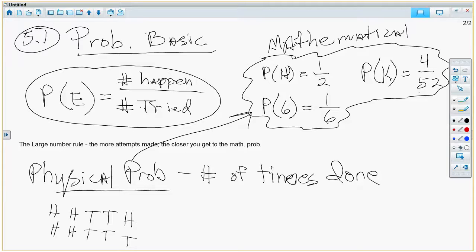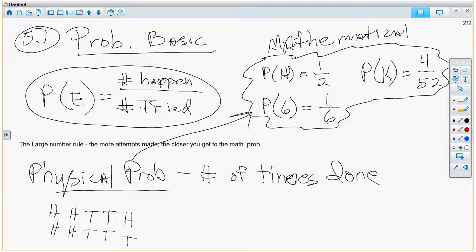That would be the physical probability. Now, of course, I came up with 50%. Very unlikely. If you take a coin out right now and flip it 50 times, I guarantee you 3 or 4 times it's going to end up the same. It's not going to be 2.5 times, 6 times. It's not going to be 3 and 3. Very unusual it would be that way.